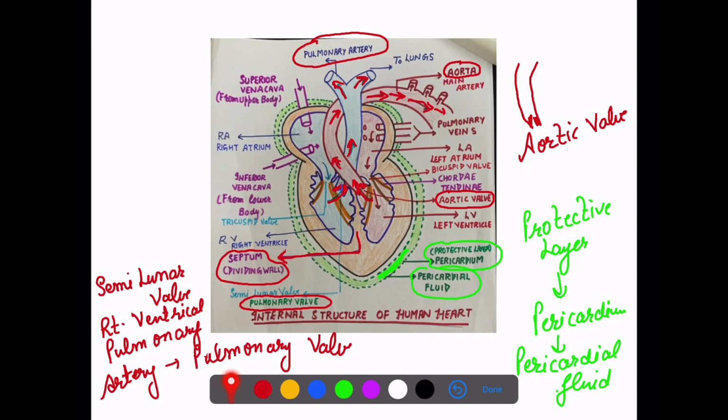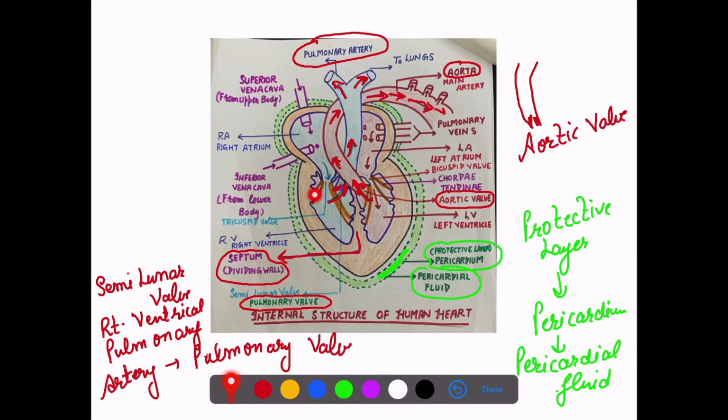Now here this valve is known as our tricuspid valve. The tricuspid valve has three flaps. Now these ventricle walls are not smooth, they have ridges.